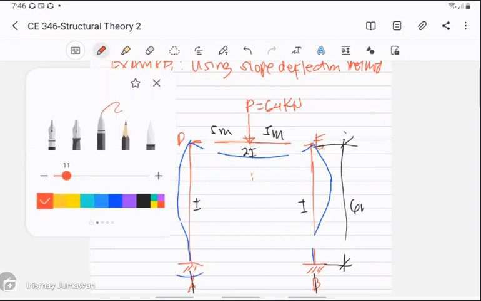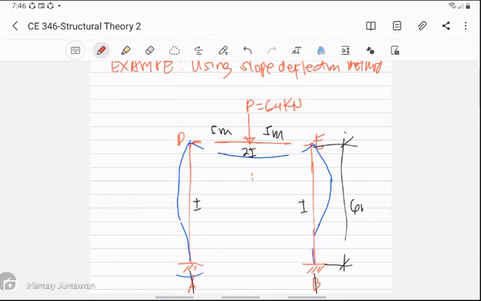Then member DE has twice the moment of inertia. You have a constant modulus of elasticity. Okay, so this is 1.